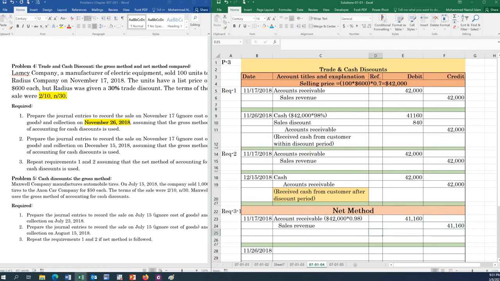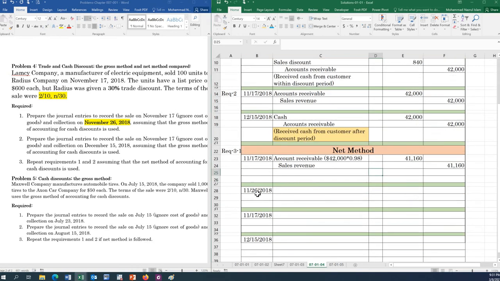Okay, and then November 26, meaning we are receiving the money within the discount period. So since we have already considered the discount over here, we have recorded the net amount. It means that we have already subtracted the discount. So we will just record the receivable money.